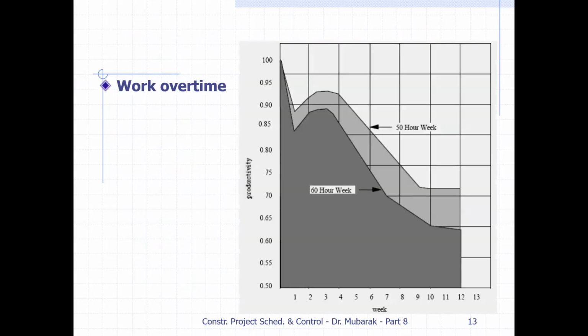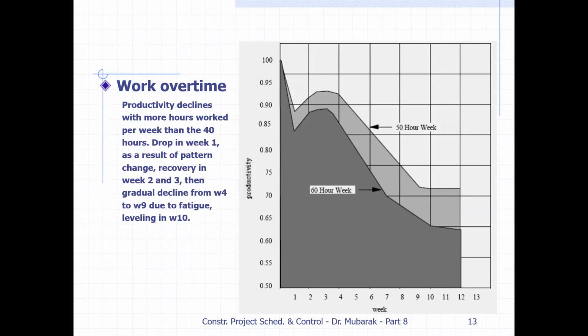Here they discuss how overtime work affects the work time and the productivity. On the graph, the x-axis shows weeks and the y-axis shows productivity, with two lines: 60 hours per week and 50 hours per week. Normally we work 8 hours per day, 5 days a week, which is 40 hours per week.